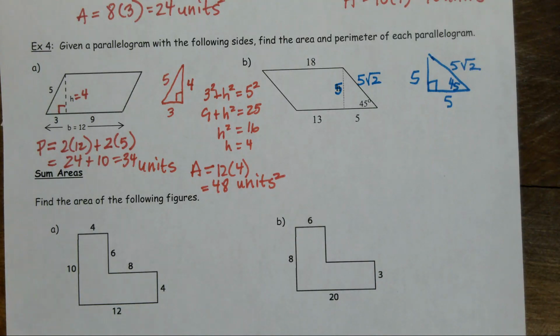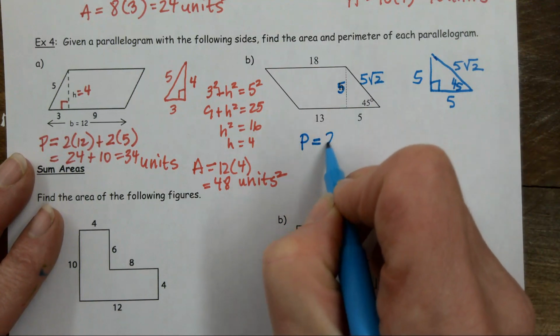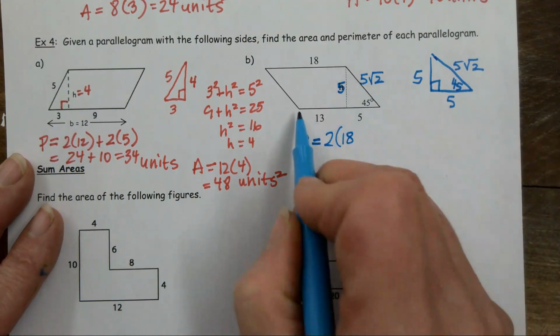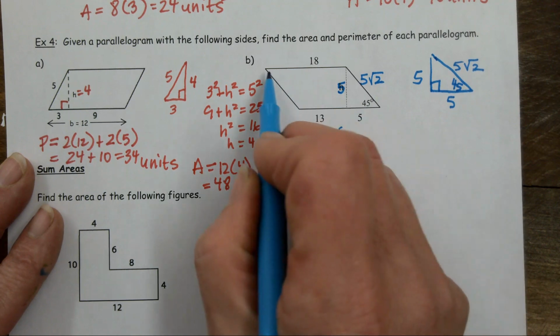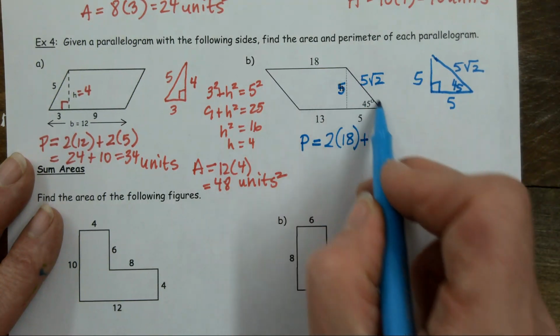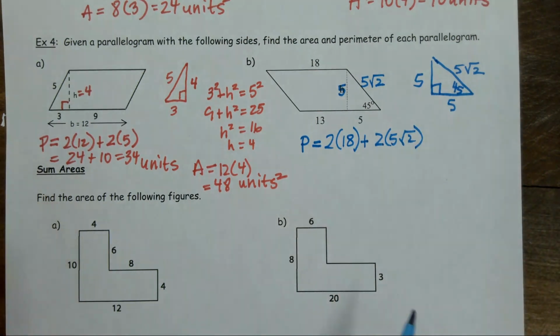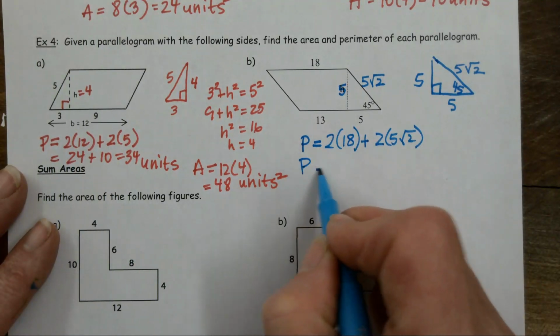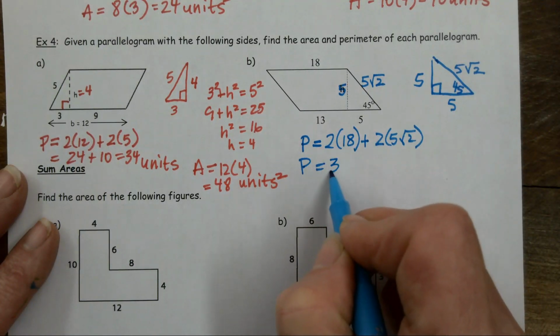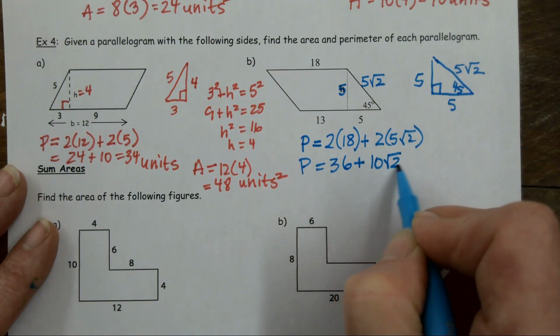Okay, so when I talk about perimeter, it is 2 times 18, that's my total base, they have it up here, 2 times 18, plus 2 times 5 times the square root of 2. Again, sort of ugly. But we'll just write that down as 36 plus 2 times 5 is 10 times the square root of 2.